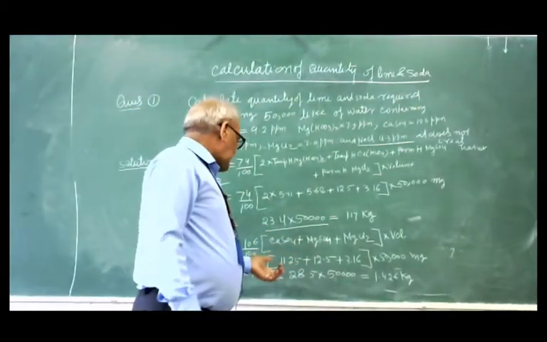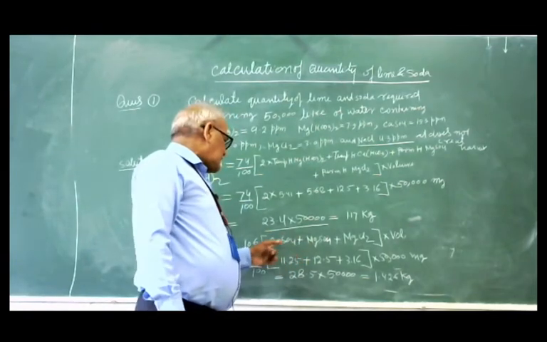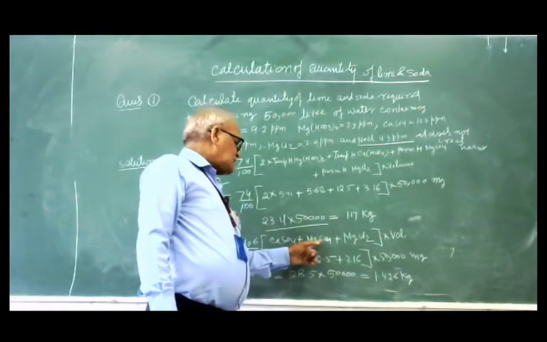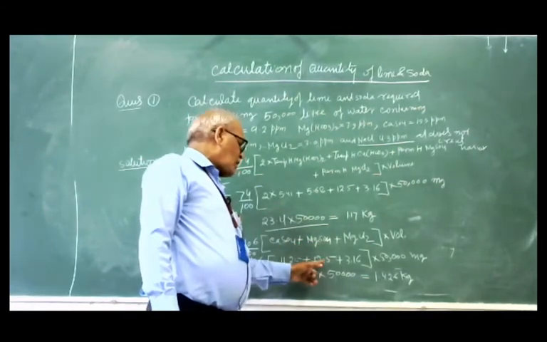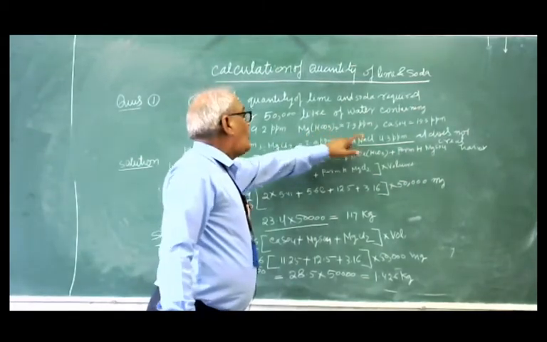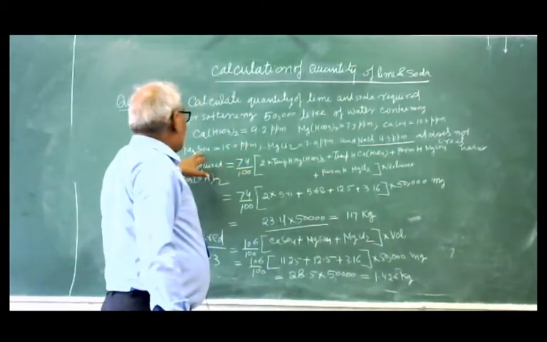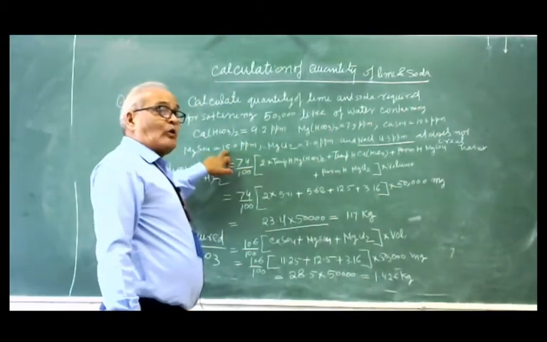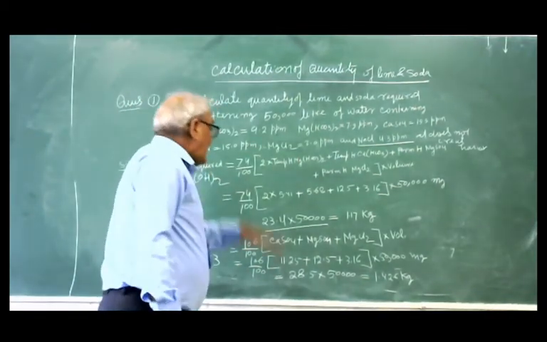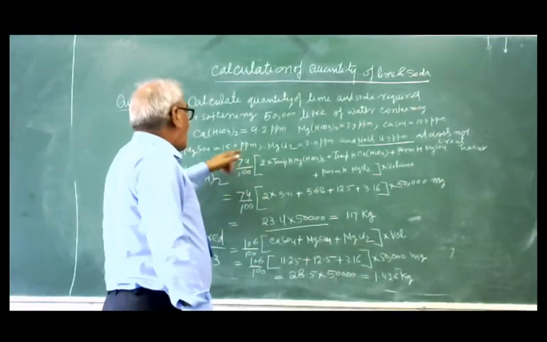Already in the calculation, the hardness created by calcium sulfate is 11.25, hardness created by magnesium sulfate is 12.2. One thing you should remember, this is the amount of the magnesium sulfate, not the hardness. So we calculate hardness by applying the formula.